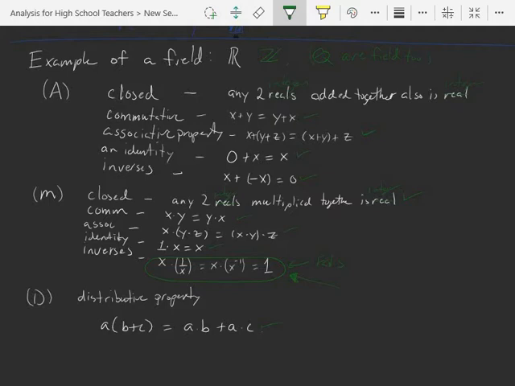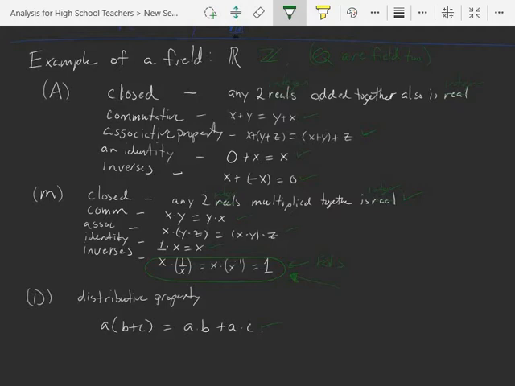In some sense, they're the smallest field that contains the integers, because they're exactly what needs to be in there. The integers work for everything except for inverses. If I include the inverses, I get the rationals.